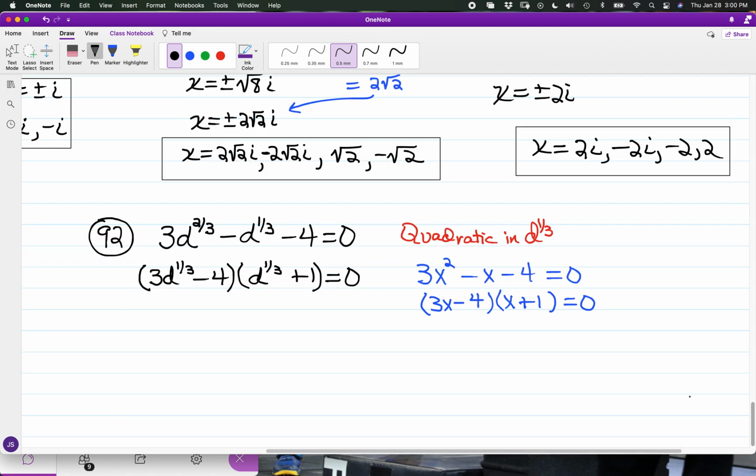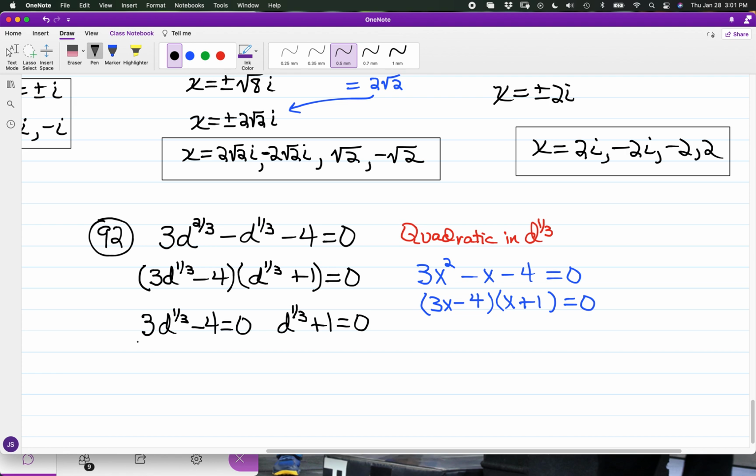Now, with these factors, I can utilize the zero product property and set each of the factors to 0. So in the first, I have 3d to the 1/3 minus 4 is equal to 0, along with setting d to the 1/3 plus 1 equal to 0.